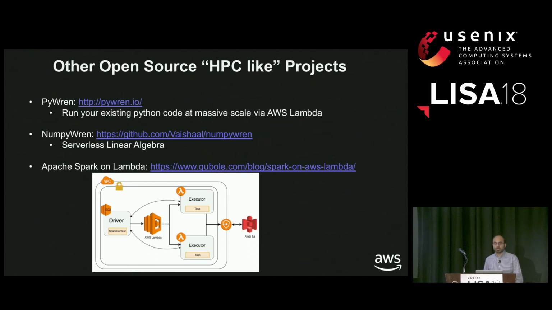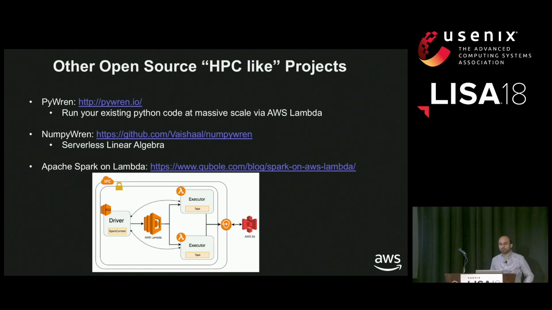The next is NumPyWren, for linear algebra processing, where they've shown you can easily get peak 5 to 7 teraflops. Both of these are open source projects, so if you're into HPC computing, I encourage you to try these.